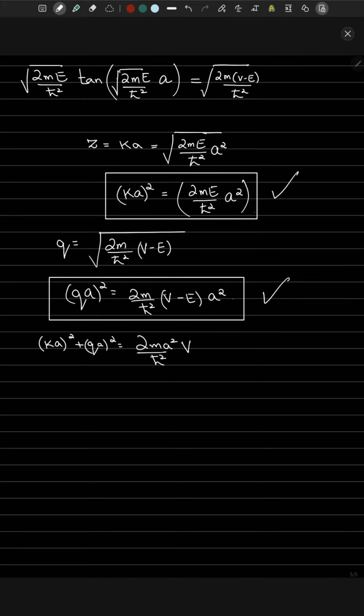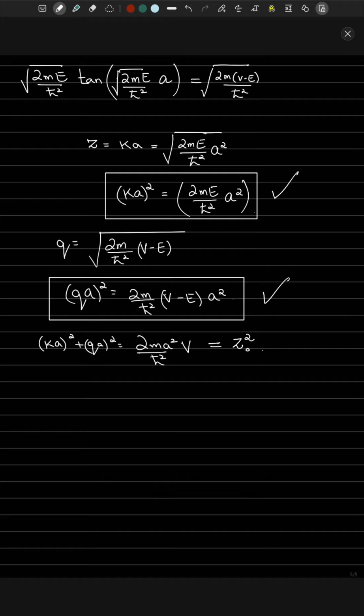Of the energy state. And so what I can do now is write this thing as z naught squared. So what this dimensionless parameter z did was simply parameterize the energy state.